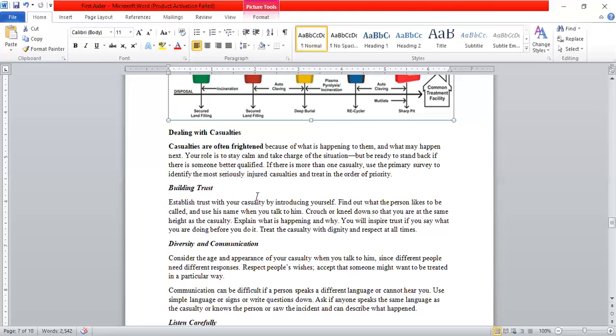You find that casualty at the first step, depending on the nature of the emergency, they may be frightened. So as the first aider, you need to remain calm and take charge of the situation, such that the casualty needs to believe in you first, because you are the first person who has arrived.